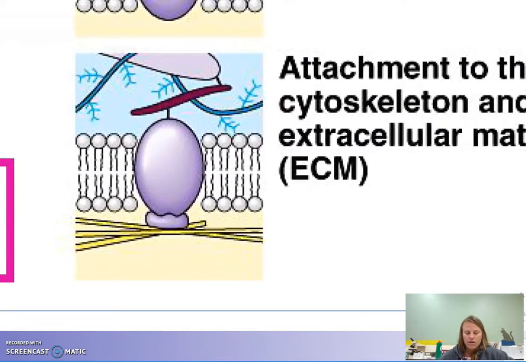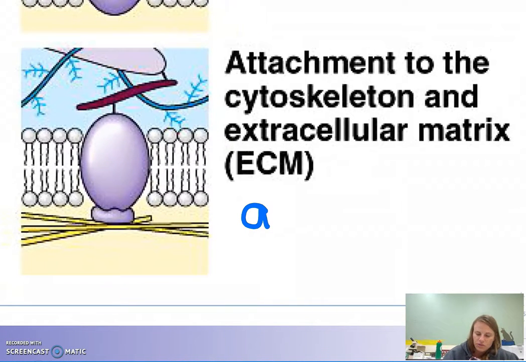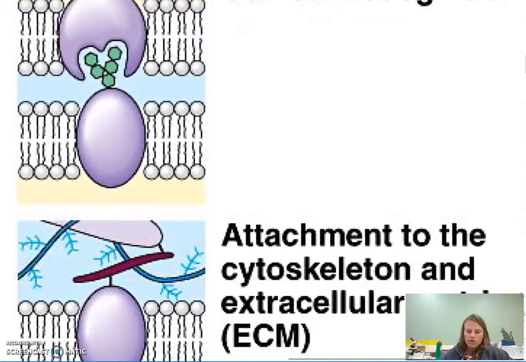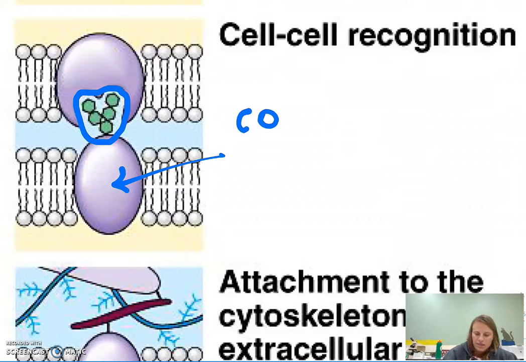There are membrane proteins that attach to the cytoskeleton and provide anchorage or stability for the plasma membrane. There are also the carbohydrates that will be found on the surface of these membrane proteins, and they're responsible for cell-to-cell recognition. They're responsible for cell-to-cell communication.